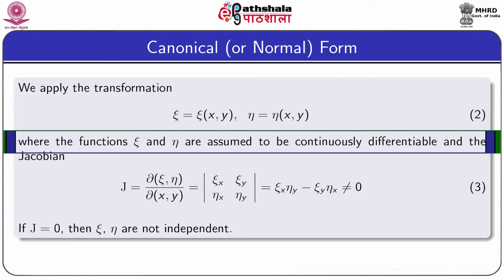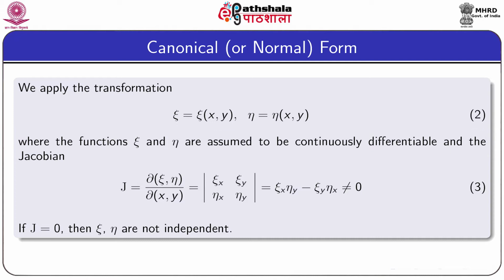One important assumption is that the Jacobian of this transformation, J equals del xi eta by del x y, which can be written in determinant form as xi x, xi y, eta x, eta y, is equal to xi x eta y minus xi y eta x, and this is not equal to 0.